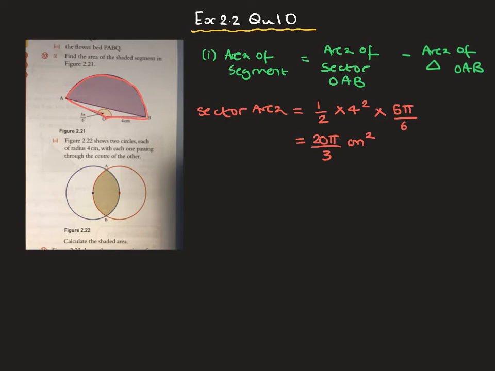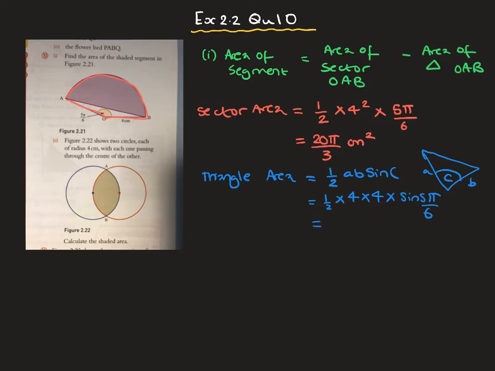Now, the area of the triangle is going to equal a half ab sine C. Remember, where a and b are two side lengths and C is the angle in between them. So it's a half multiplied by 4, multiplied by 4, multiplied by sine 5 pi by 6, and this comes to a value of 4.